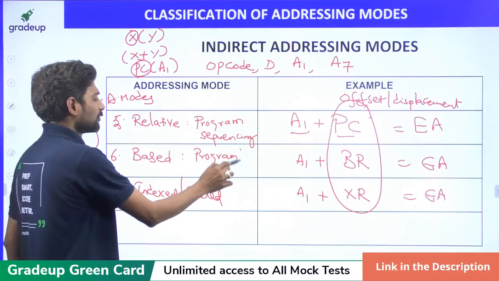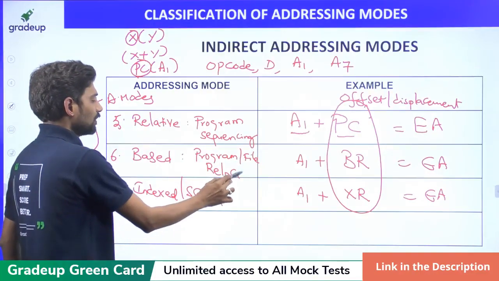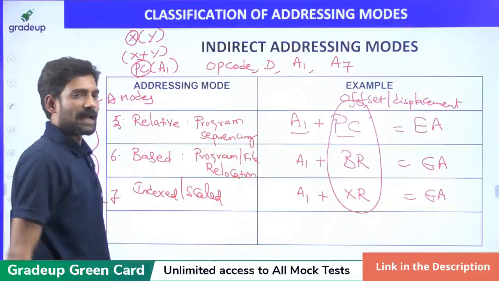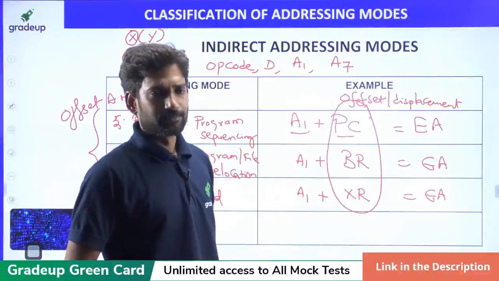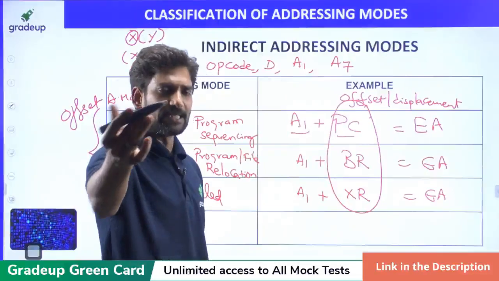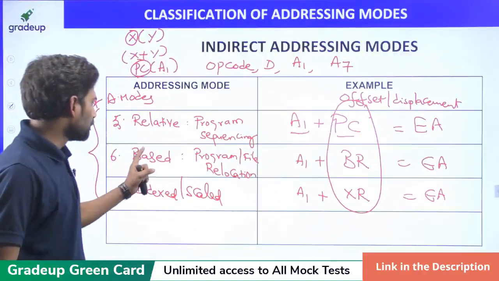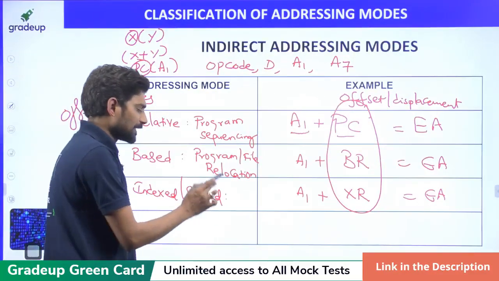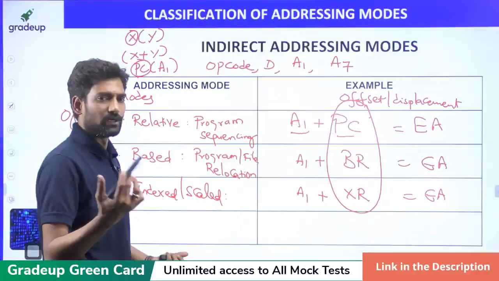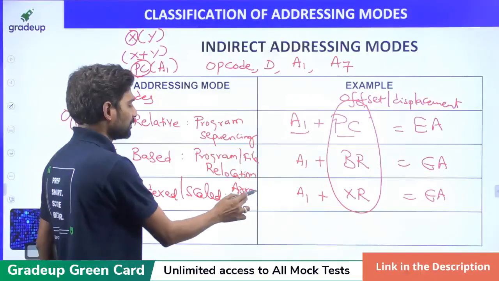Then program or file relocation: whenever you transfer some data from one drive to another drive, inside the computer the based addressing mode gets activated. Indexed or scaled addressing mode, we know the concept of index. You can say array implementation.